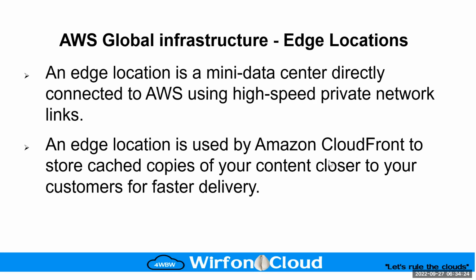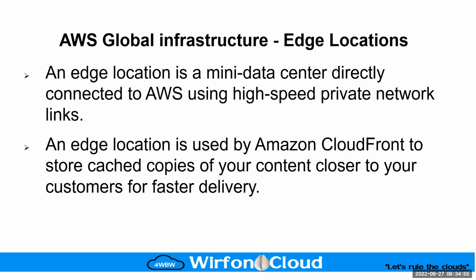This is used to store cached copies of your content closer to your customers for faster delivery. An example could be a Netflix movie. Let's say you're in Europe, and the Netflix movie is stored in some region in Asia.